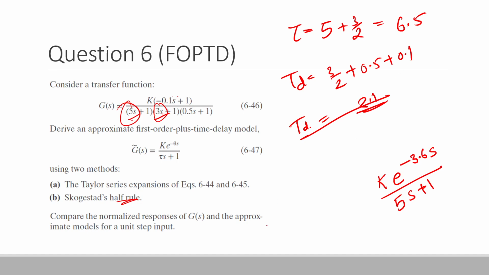That is the FOPTD from this half rule formula will become k e raised to minus 2.1 s upon 6.5 s.